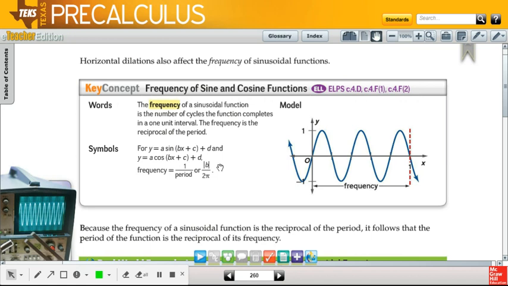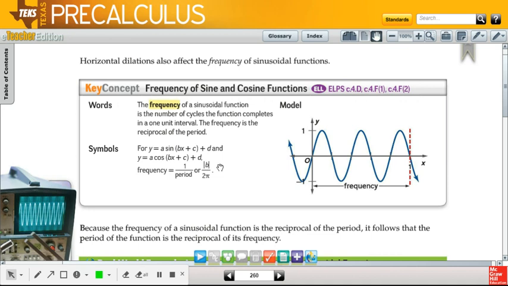So, in order to find your frequency, you would put 1 over the period. That's what you would do for the reciprocal, or you would just put the absolute value of b over 2 pi.